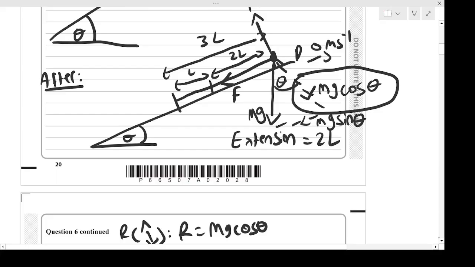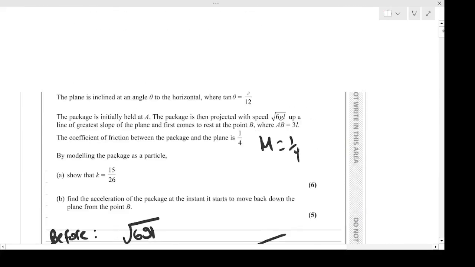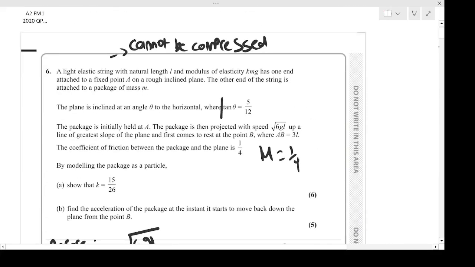Now we can work out what cos theta is because we know that tan theta is 5/12. What we can do with that is draw a little triangle. We don't need to work out theta explicitly because we just need cos. Remember SOHCAHTOA: tan is opposite over adjacent, so the opposite length is 5 and the adjacent is 12.